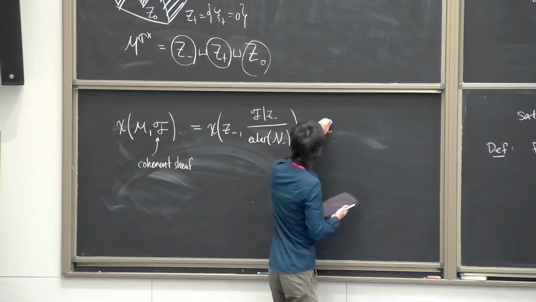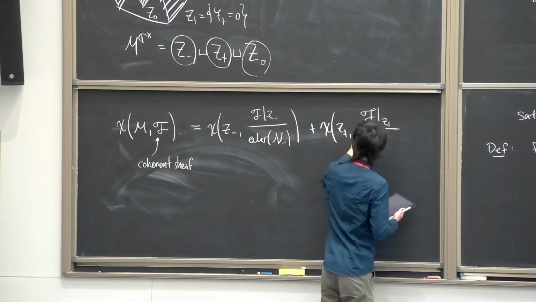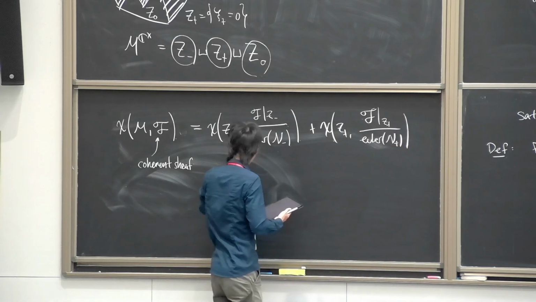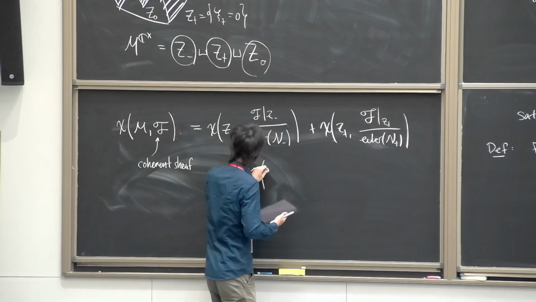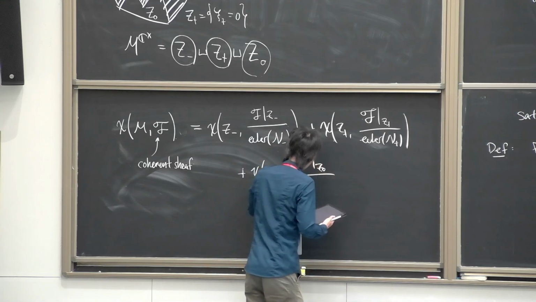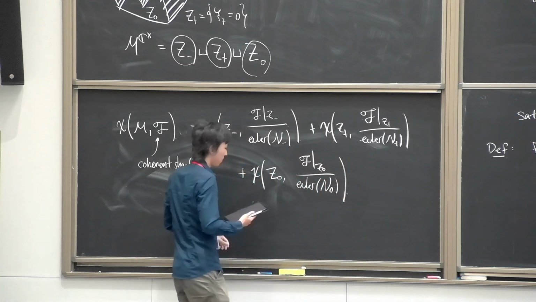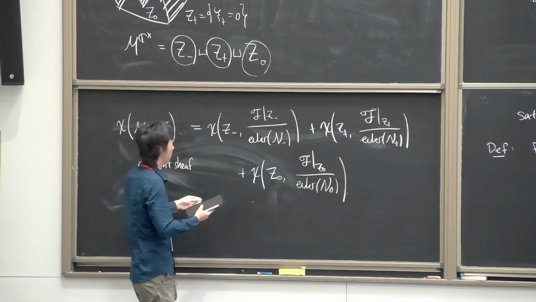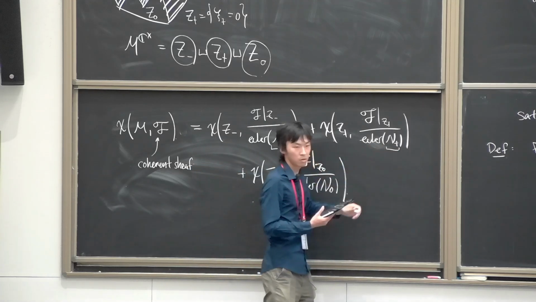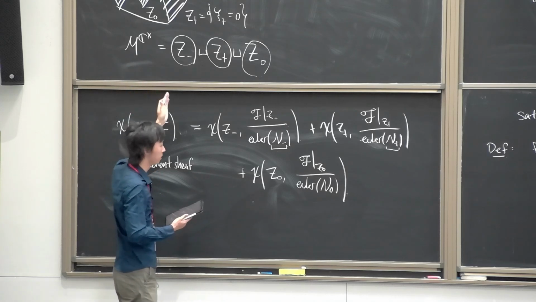And I'll have another term, Z plus, restriction of F to Z plus, with the Euler class of the normal bundle of Z plus inside M. And then I'll have some more complicated term, which will correspond to Z naught, restriction of F to Z naught, with the Euler class of the normal bundle of Z naught inside M. Okay, so far nothing super interesting has happened. And these normal bundles N minus and N plus are really line bundles because we assume Z minus and Z plus are really divisors inside the master space.